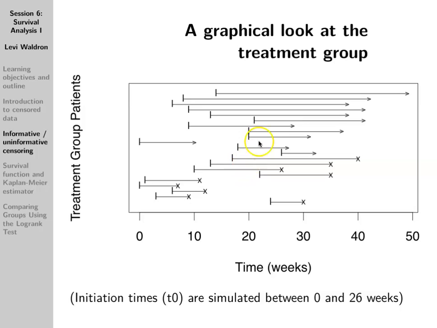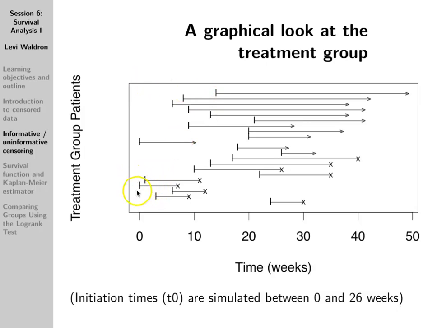So I'm plotting here this treatment group, and I've simulated initiation times between 0 and 26 weeks, just to give an example of a typical study where the initialization and randomization time doesn't happen all at once. These patients are treated as they enter the clinic and start treatment. So that's not going to be all at the same time.